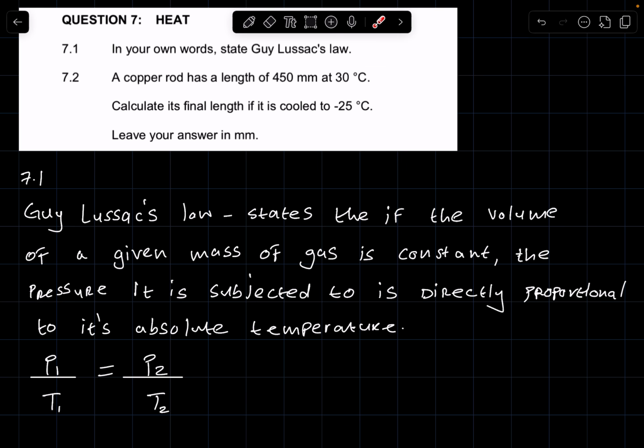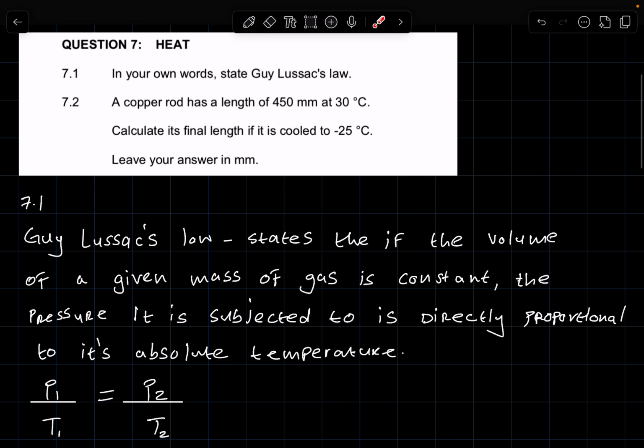That will determine how you calculate the change in temperature. Here they clearly say that it is being cooled, so heat is being lost. Because heat is being lost, our change in temperature will be equal to T1 minus T2.